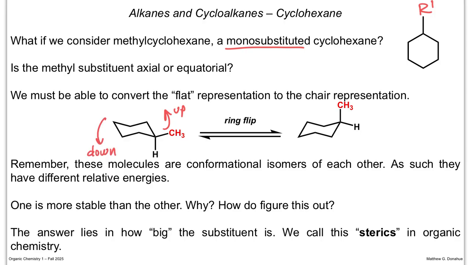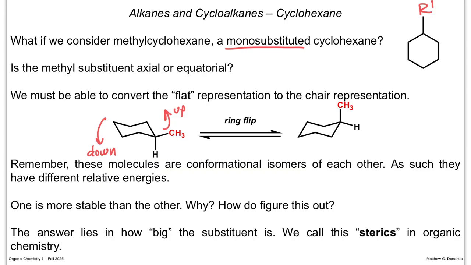So notice what happens when you substitute one of those. Now the red one is the methyl. The methyl group here is equatorial. Then when we flip it, it's axial.